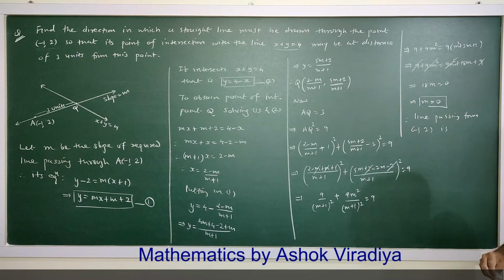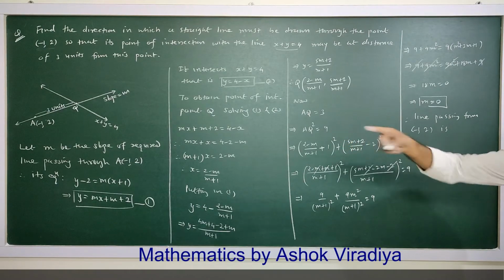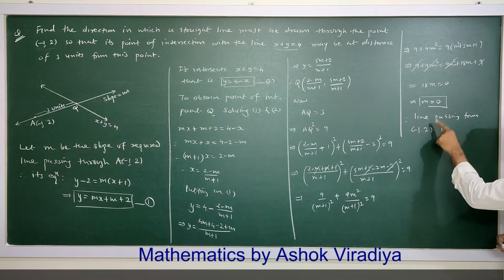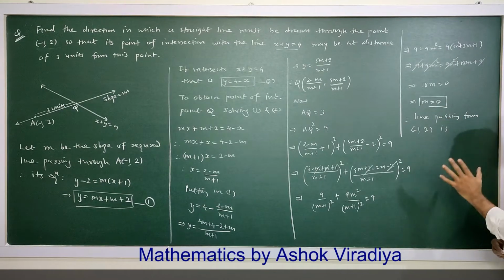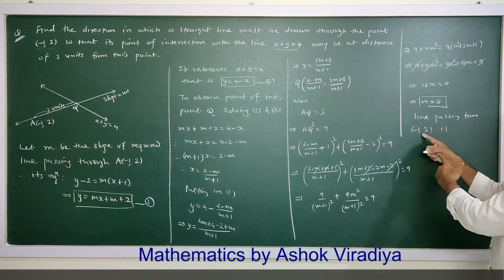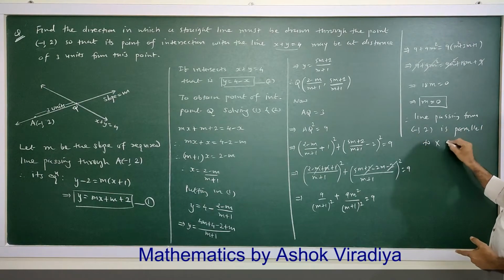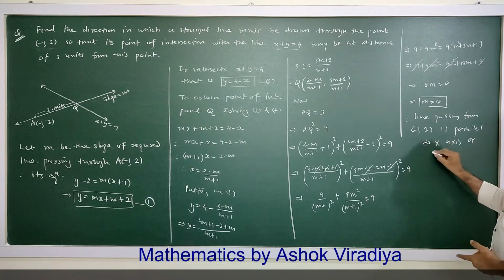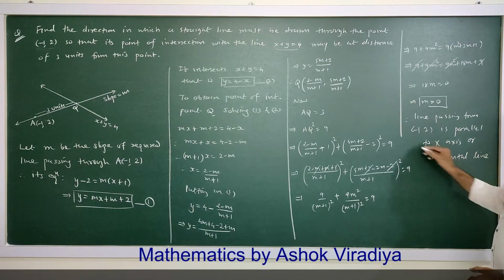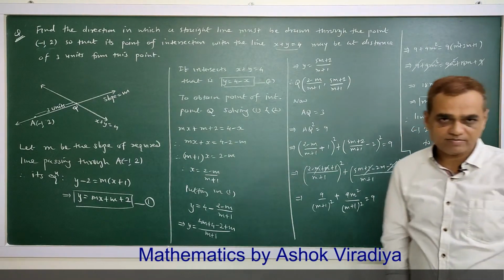It cannot be the x-axis itself because the point (-1, 2) is not a point on the x-axis. So passing through this point with slope 0, it is a horizontal line, or parallel to the x-axis. So these words define the direction of that line.